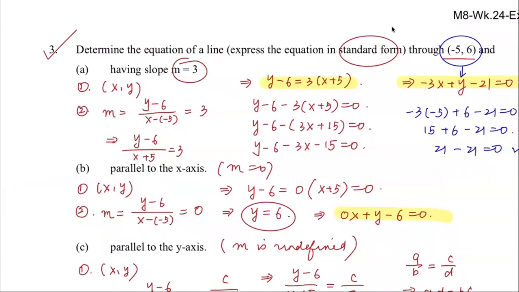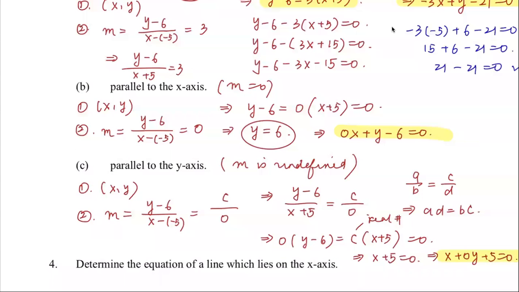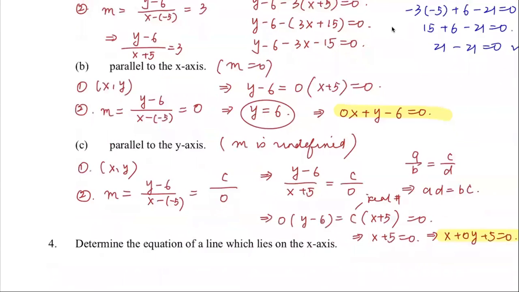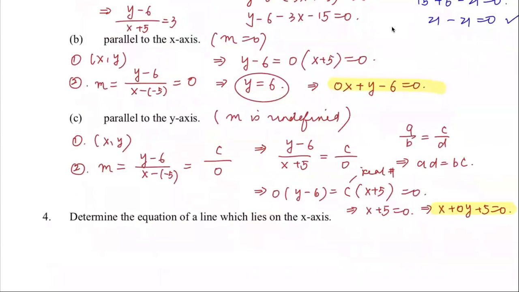But just remember, if a straight line is parallel to the x-axis, that means the straight line is horizontal, which means the slope is 0. If a straight line is parallel to the y-axis, the straight line must be vertical. If a straight line is vertical, that means the slope must be undefined. Okay? So that's question 3.